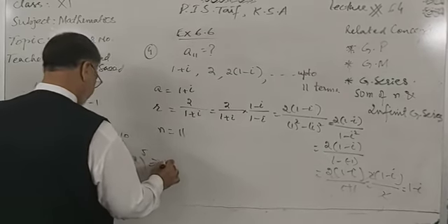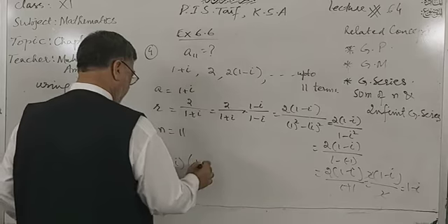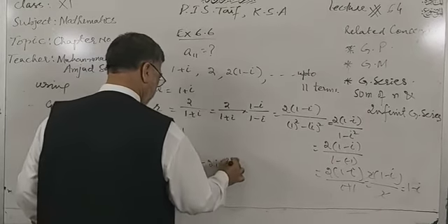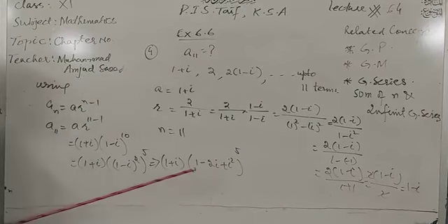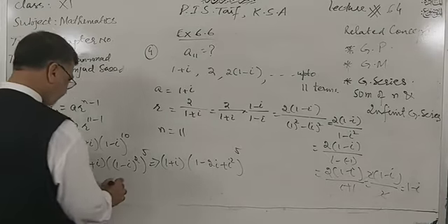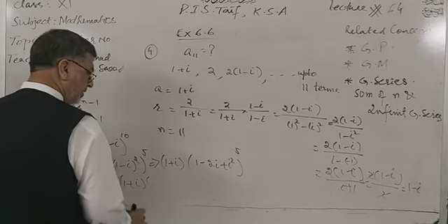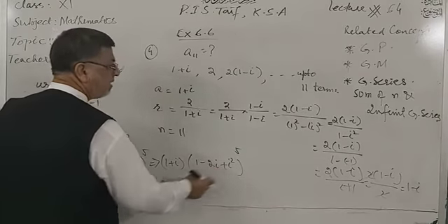So we can have 1 plus iota into 1 minus 2 iota plus iota square, whole power 5. That is the formula a square minus 2ab plus b square. Here is 1 plus iota into 1 minus 2 iota. Iota square means minus 1.